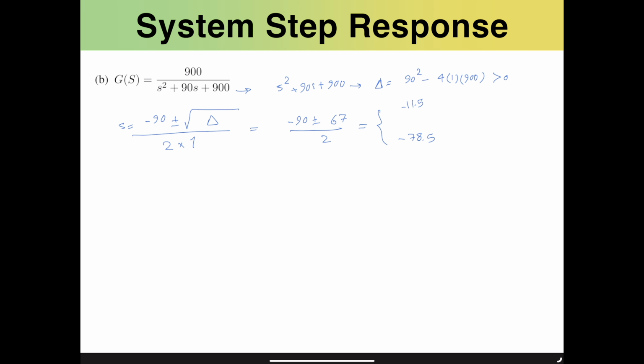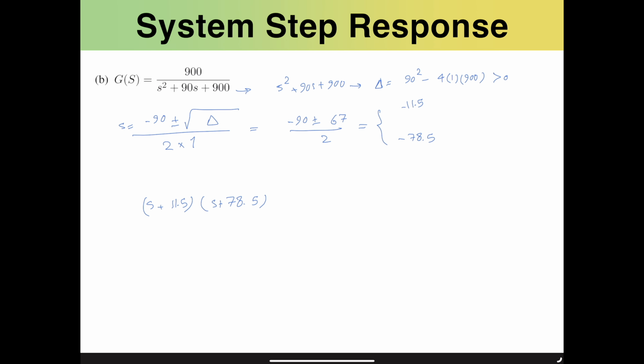So essentially, our denominator is now going to be s plus 11.5 and s plus 78.5. So this is our denominator indeed.